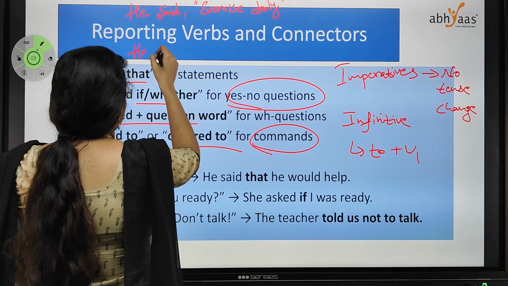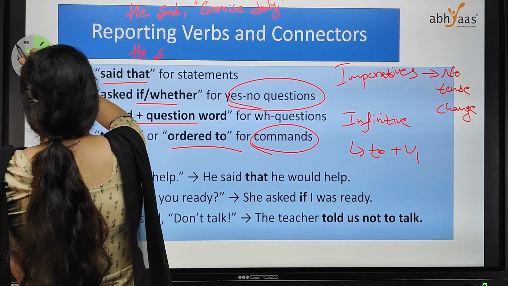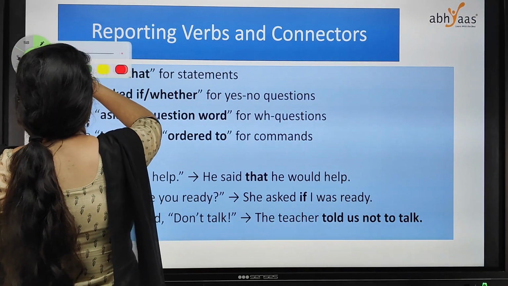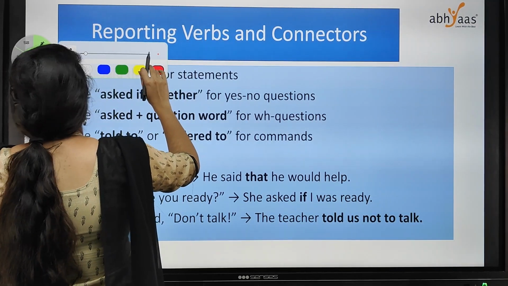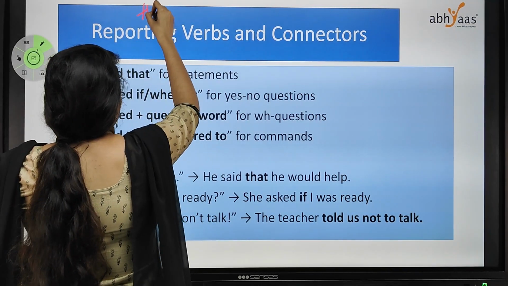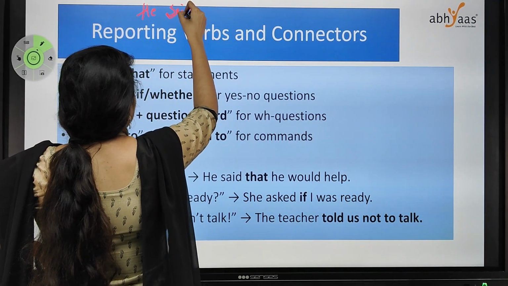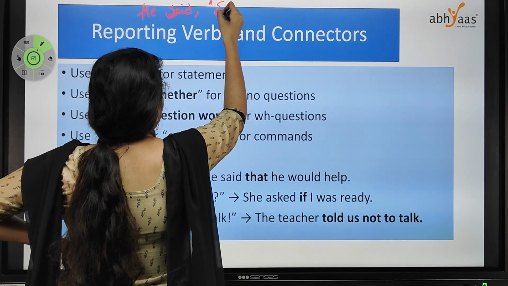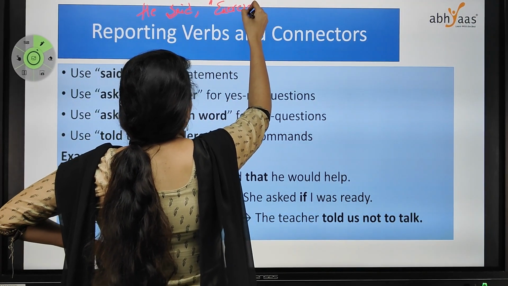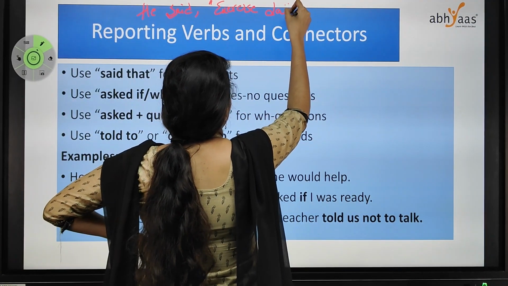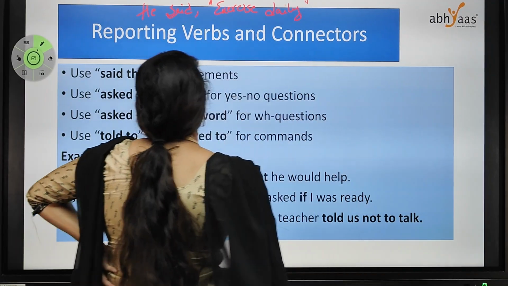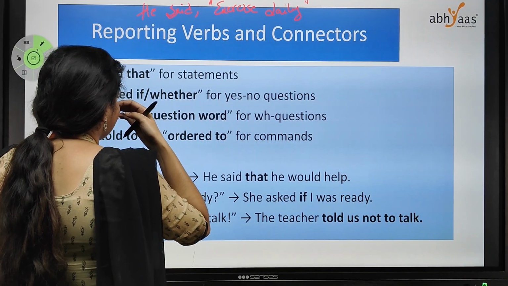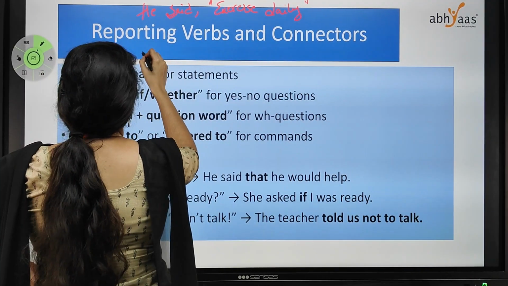It will become something like, he said exercise daily. I'm sorry if my writing is not legible, but I hope my voice is helping.